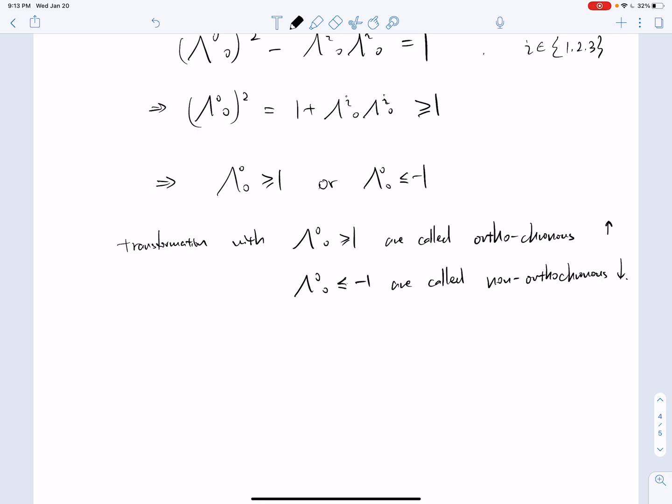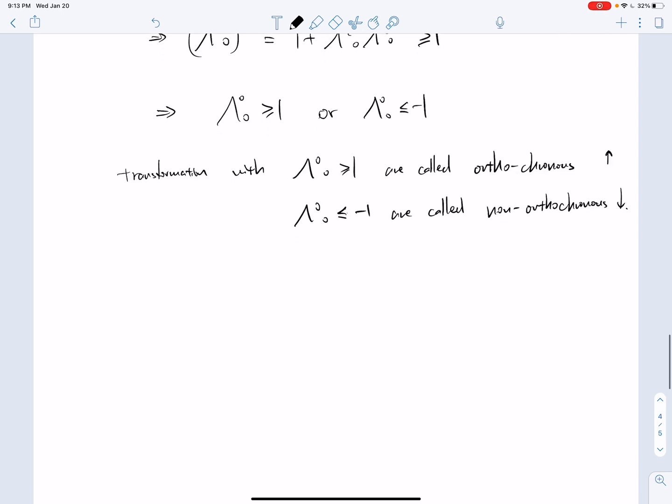So now we've seen the structure of our Lorentz group, which is divided into 4 parts: plus determinant and orthochronous Lorentz transformations, minus determinant and orthochronous transformations, plus determinant and non-orthochronous, and minus determinant and non-orthochronous.